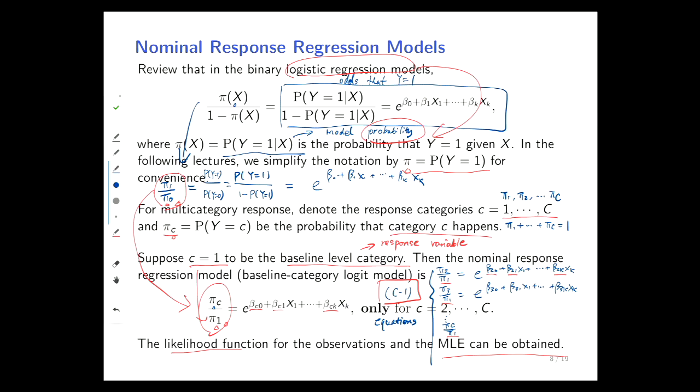The equation can be pi 1 divided by pi 1 equals 1, so that's obvious. And because we have the relationship pi 1 plus so on and so forth plus pi c equals 1, if you have these C minus 1 equations, you can use this extra equation to compute all the values of pi 1 to pi c.